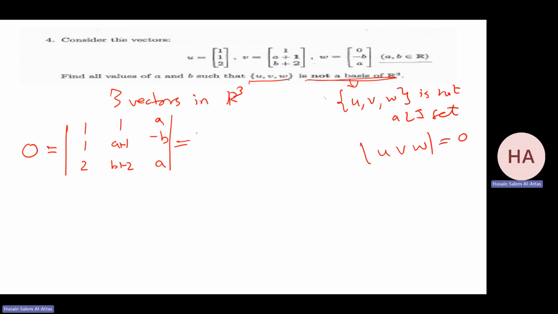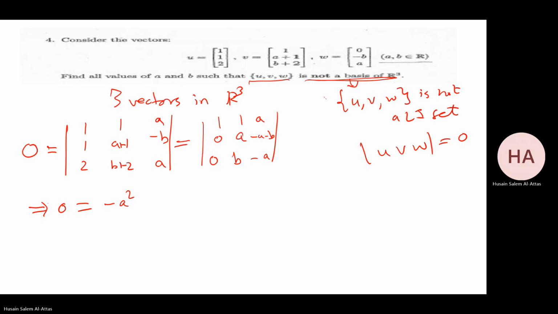Okay, do the calculation. 1, 1, a. Multiply by minus 1 and add, that will be 0. Minus 1 and add, that will be a. Minus 1 and add, that will be minus a minus b. Minus 2 and add, that will be 0, then b, then minus a. So this determinant will be equal to minus a square.